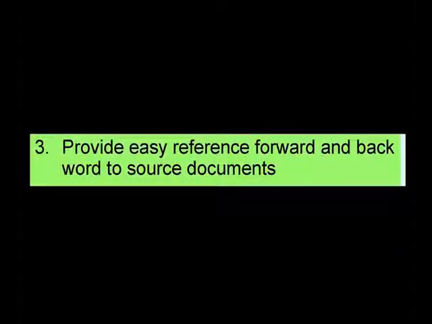Journals provide easy reference forward and backward to source documents. Forward means if you look at the ledger, in the ledger you may have seen a journal reference, right? I said journal reference will be discussed later because we have to discuss journals first before we move on to the journal reference. Right?